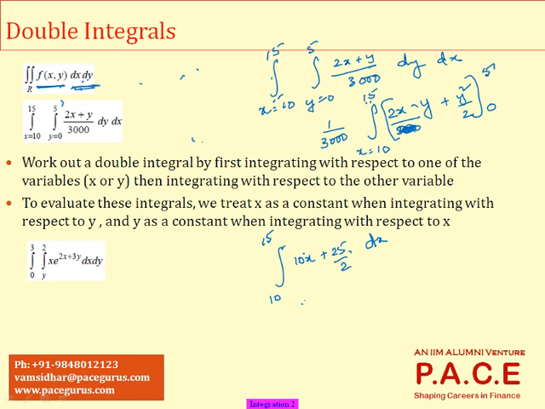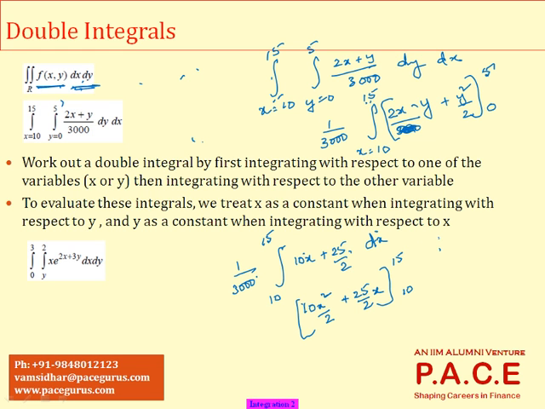Now again integrate it this time with respect to x. Of course there is a 1 by 3000 which is outside, don't ignore that. So this 10x is becoming 10 into x squared by 2, and this 25 by 2 is becoming 25 by 2 x. Again, this is between 15 and 10. So this part is nothing but 5x squared. 5 into 15 squared. 15 squared is 225.